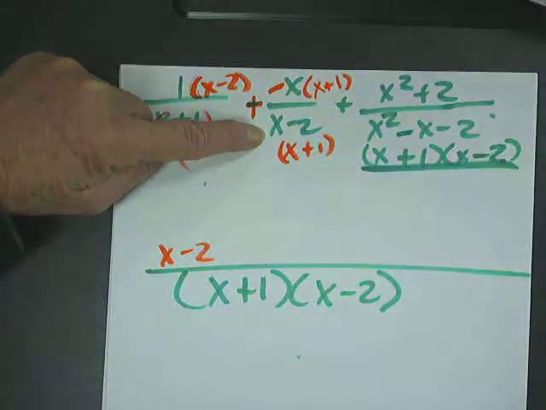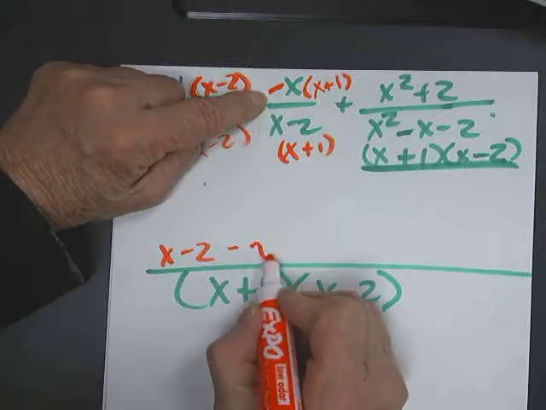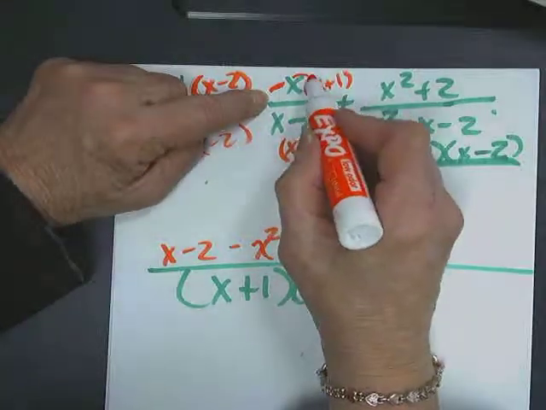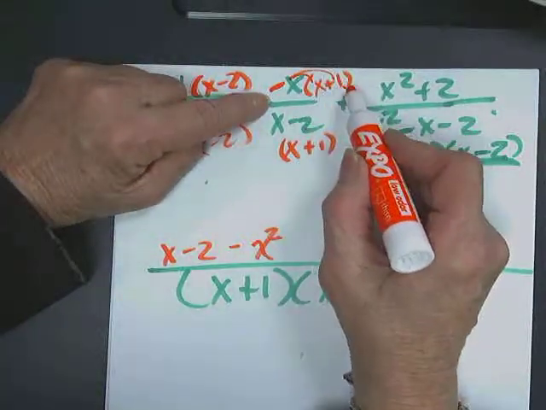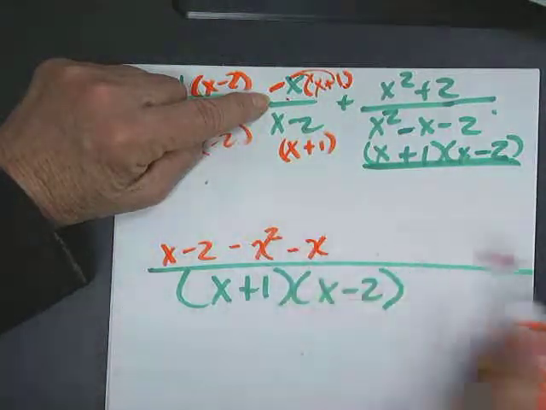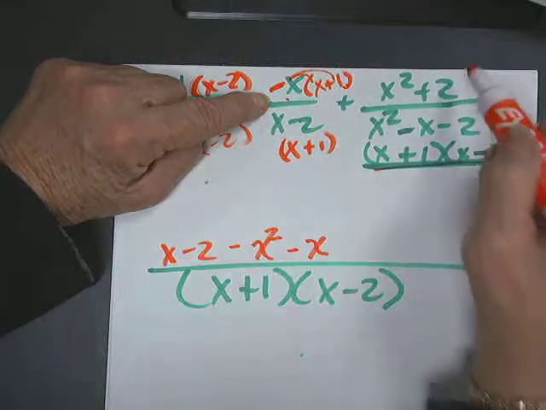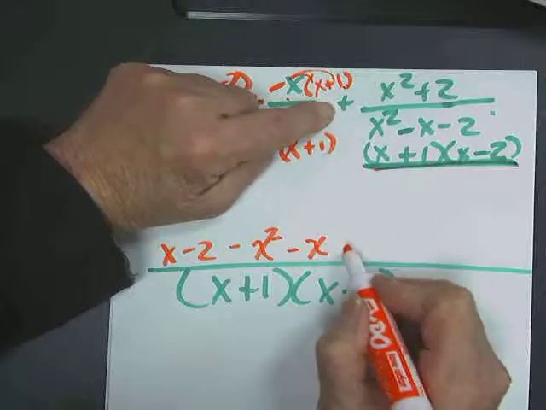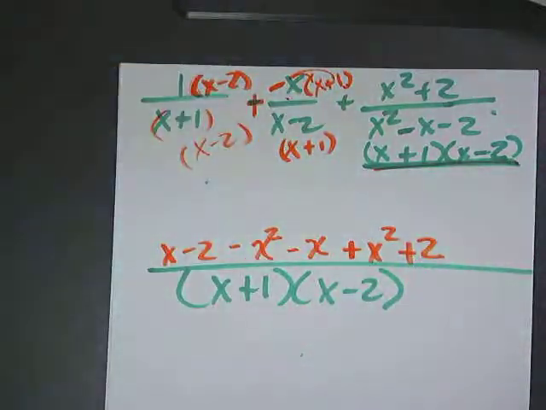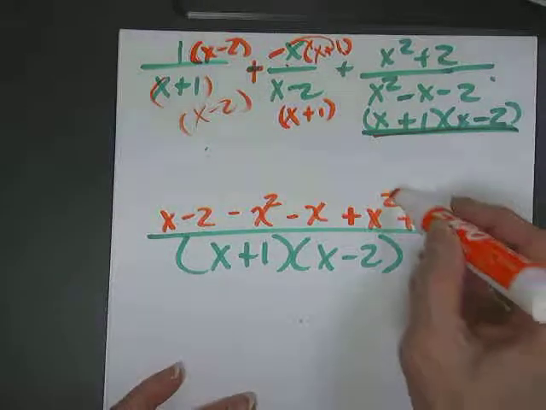So, with that as our common denominator, what did we multiply this by? x minus 2, right? So that's going to come down like that. What did we multiply this by? x plus 1.